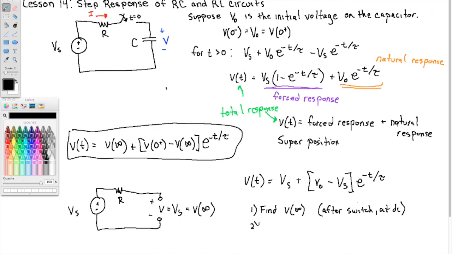Also, and you can do these in any order really, find the voltage across the capacitor right after the switch. Third, find the circuit time constant, tau. Once you have these three things, you can get this equation perfectly. Alright, so let's look at an example.